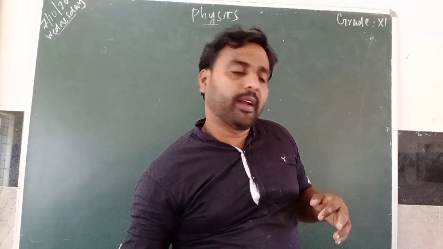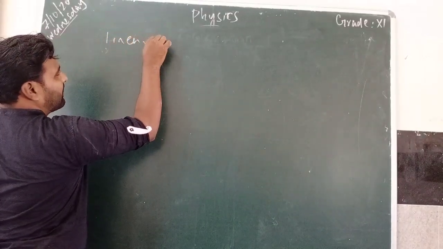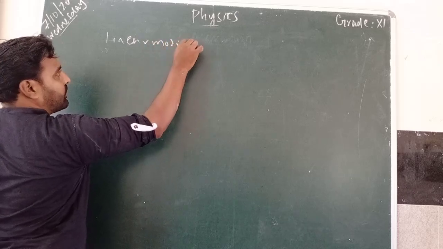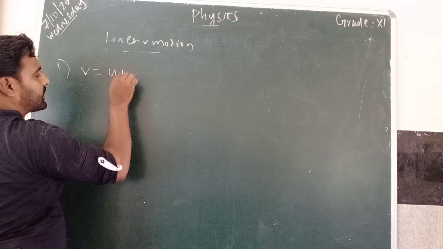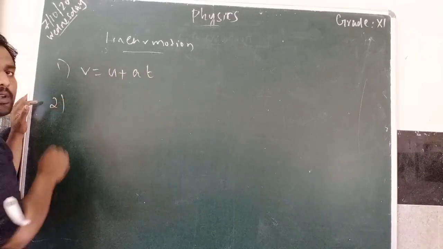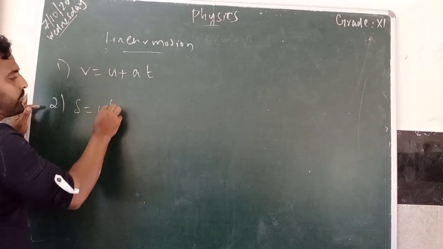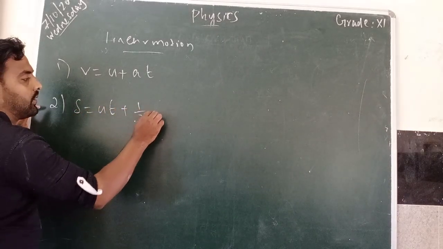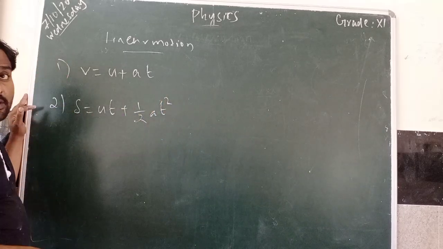What are the four kinematic equations for linear motion? First equation is V equal to U plus AT. The second equation is S is equal to UT plus half AT square. This is the kinematic equation in linear motion.